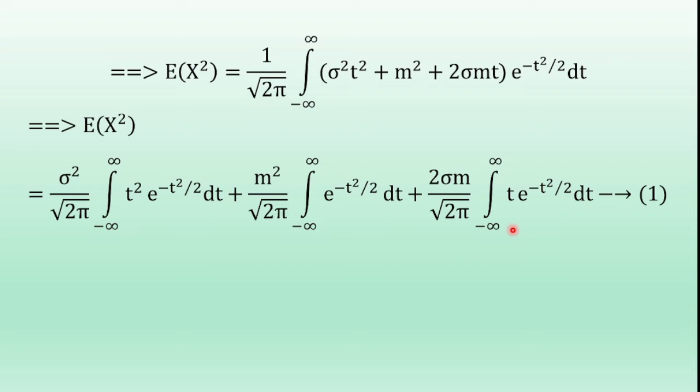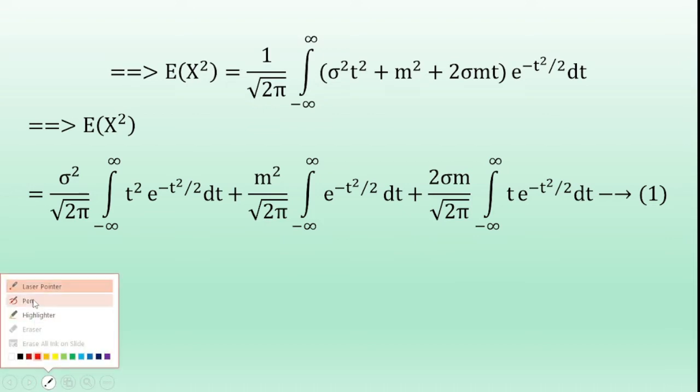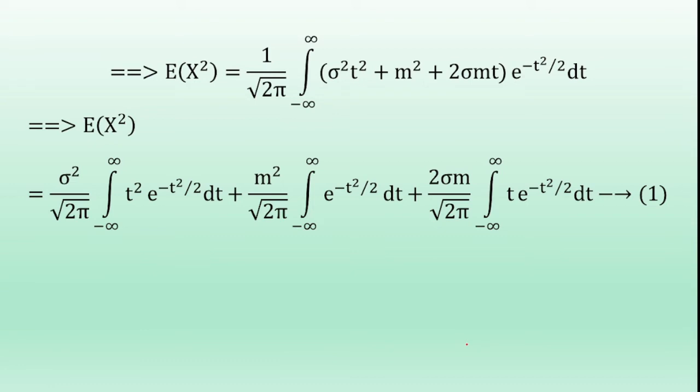Now the second term, 1 by square root of 2 pi integral from minus infinity to infinity of e power minus t square by 2 dt, is the area enclosed by the Gaussian density function, that is N of 0 comma 1, and its value is equal to 1. And the integral from minus infinity to infinity of t into e power minus t square by 2 dt was already explained in my previous video on the mean value of the random variable.